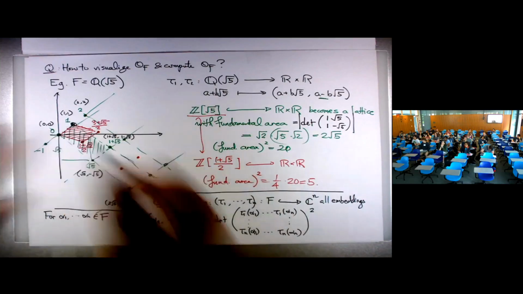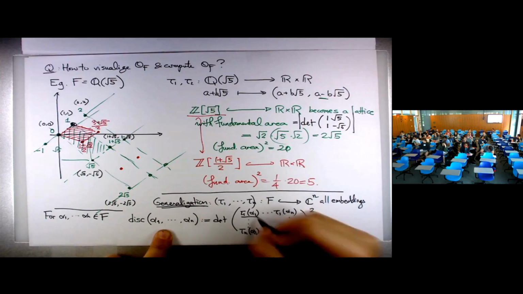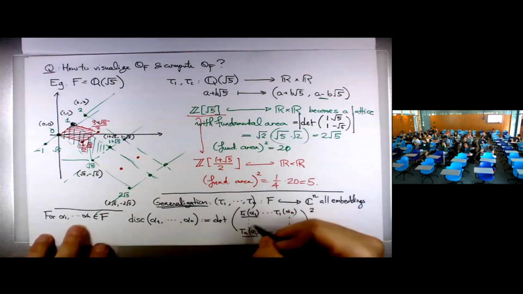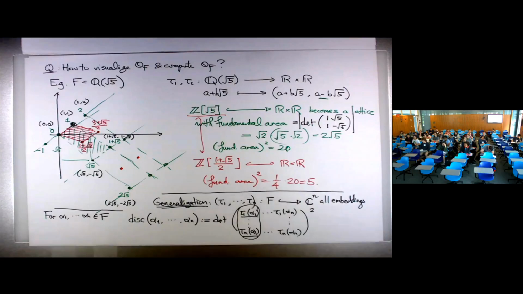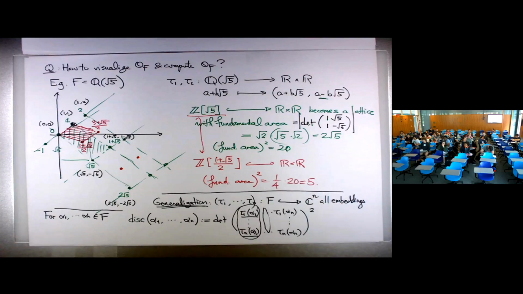If you want to know the volume of a parallelepiped, you take the determinant of the vertices. So this is tau 1 of alpha 1 through tau n of alpha 1. Those are the first column here. This is a point corresponding to the vertex corresponding to alpha 1. And the next column here is going to be the vertex corresponding to the image of alpha 2, and so on. You take the determinant of the whole thing. Suppose you take the absolute value of the fundamental area.